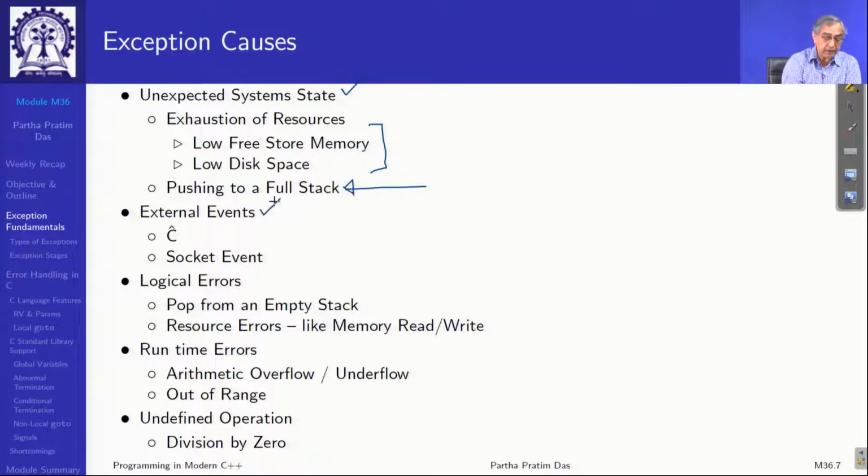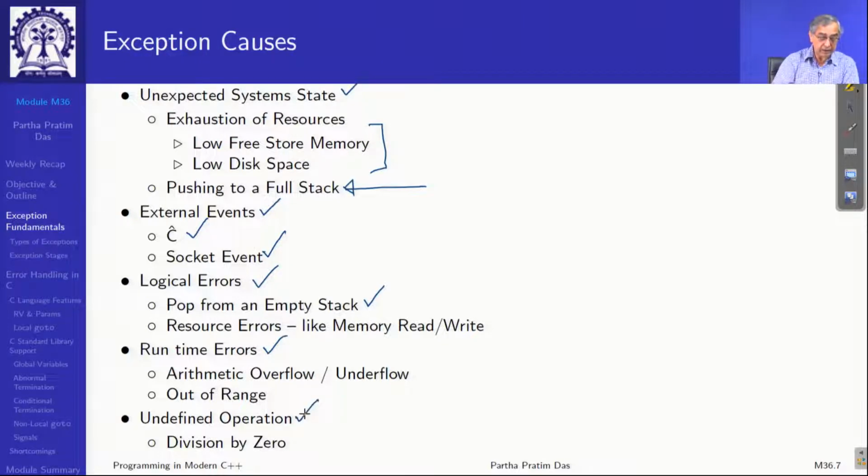There could be external events like Control C to terminate a program. There could be an event on the network socket and so on. There could be simple logical errors. This is what I was saying, the more common errors. You are trying to pop from an empty stack, or resource errors like memory leaks, memory read write errors and so on. There could be runtime errors like divide by 0, underflow, overflow, out of range, or undefined operations like divide by 0.